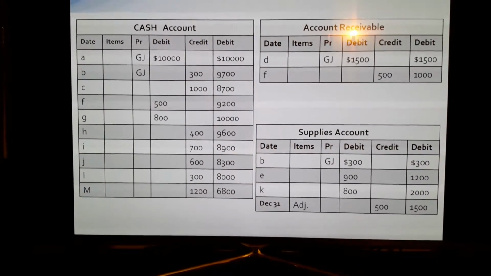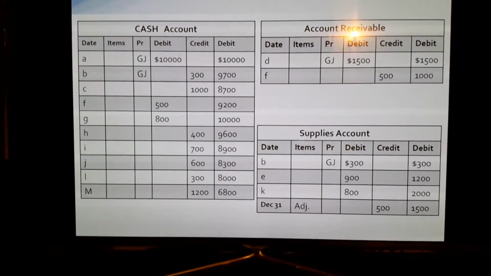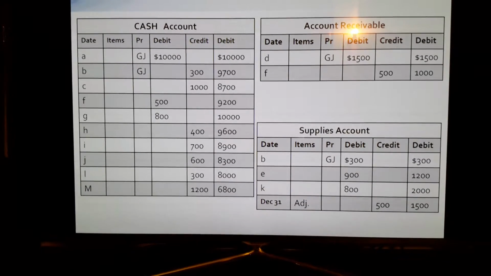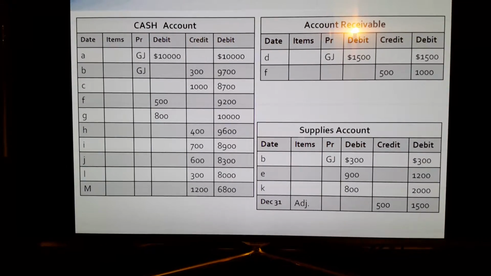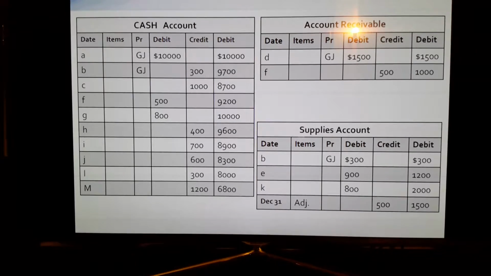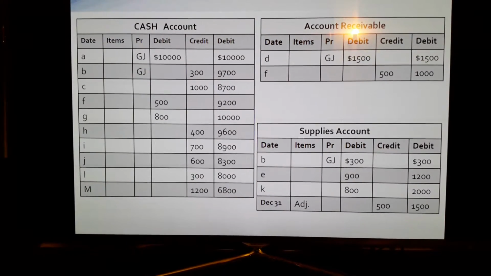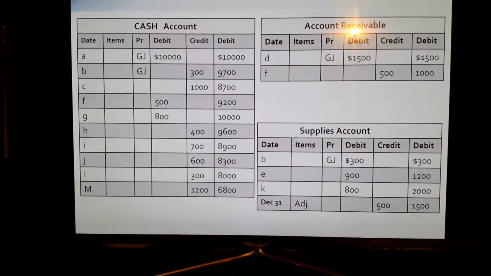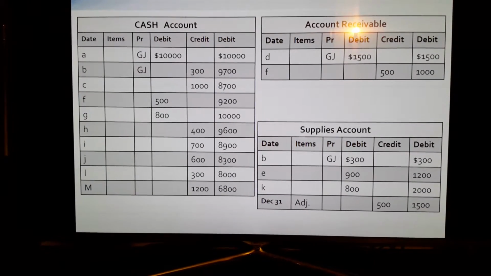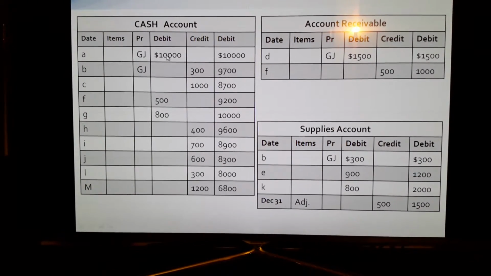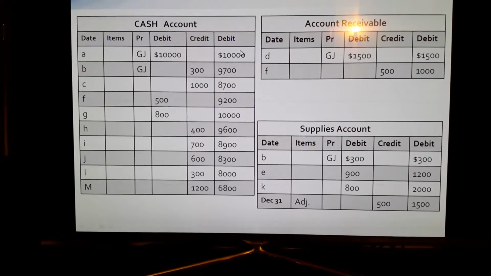Okay, for cash accounts, debit is the normal balance. All assets, debit is the normal balance. So for this account, just take a good look at it. For 8 transactions, you see the account increase in the first column, by 10,000 and 10,000.